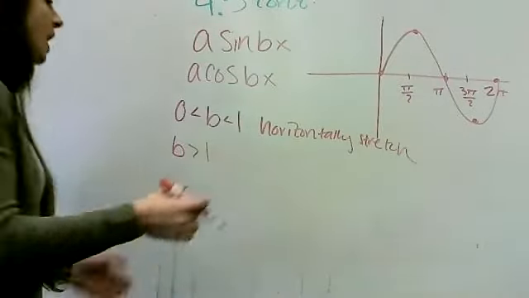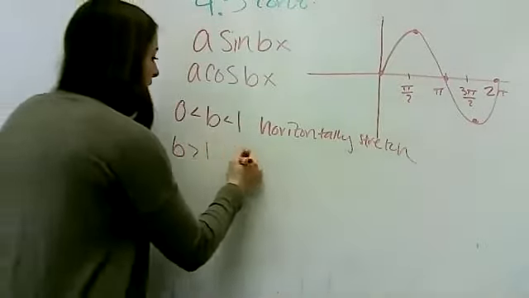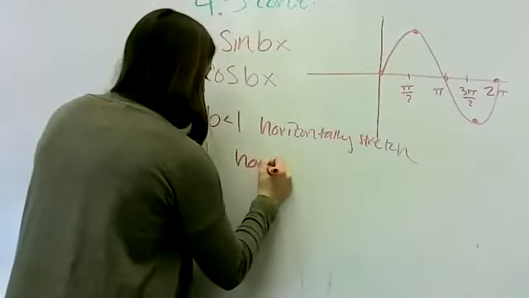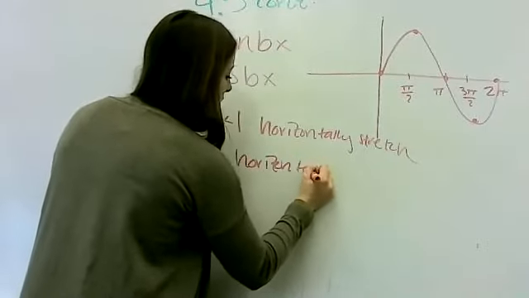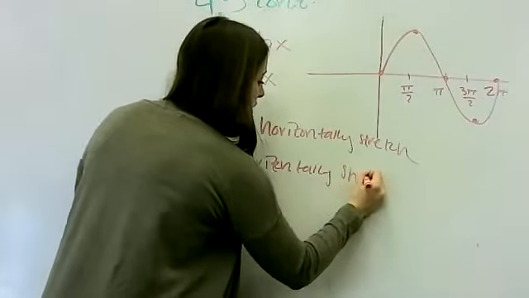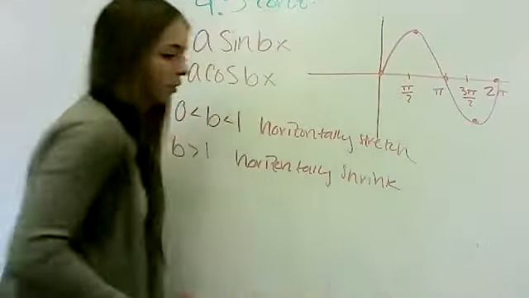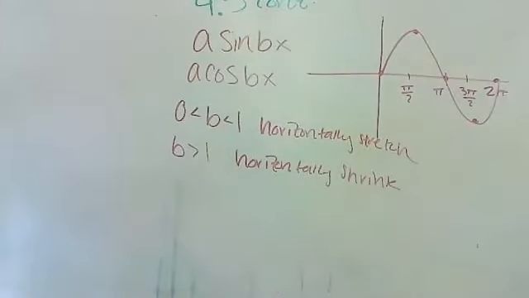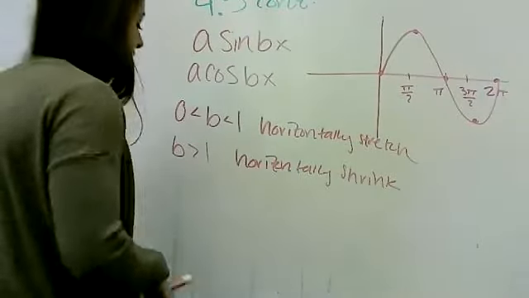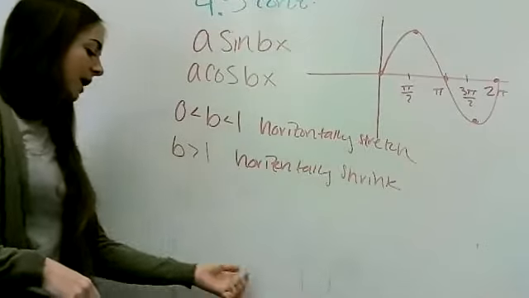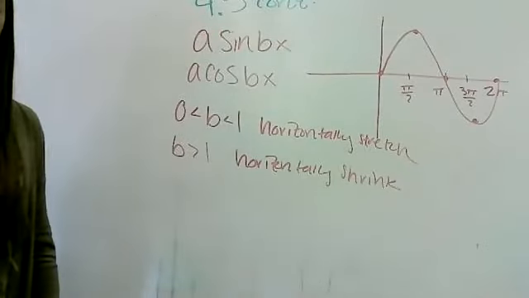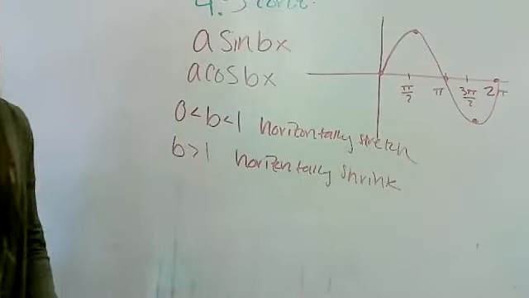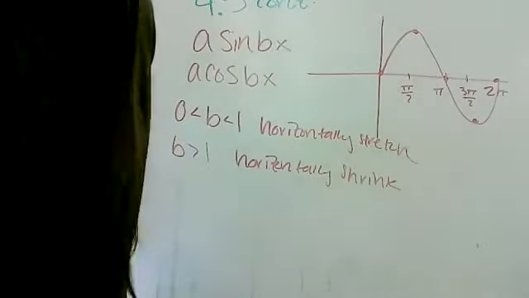If it's not a fraction less than 1, it's going to horizontally shrink the graph of this function. This is one that I think a lot of people have the hardest time with. Adding it in without the other effects can be kind of easy, but once we start adding in the other effects, this is the one that makes it the hardest.